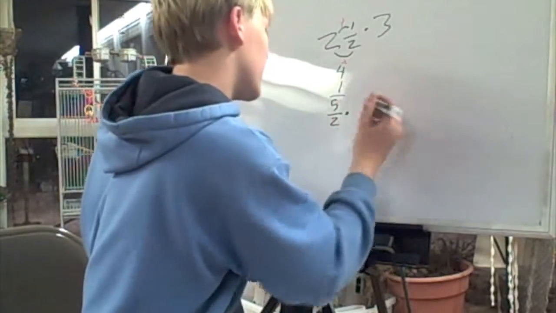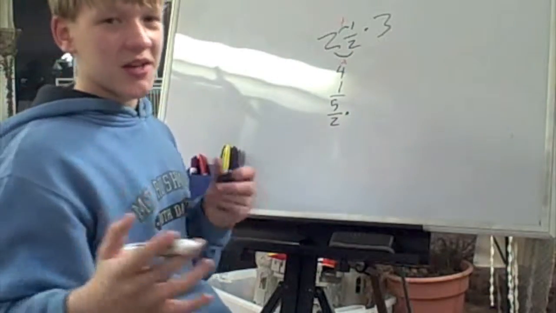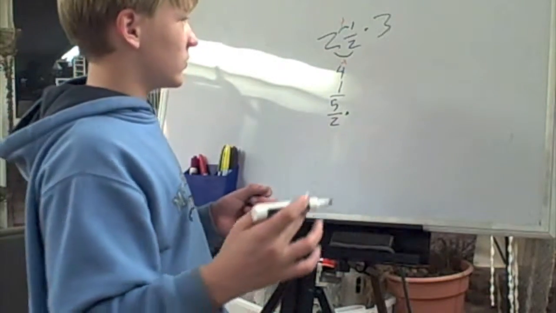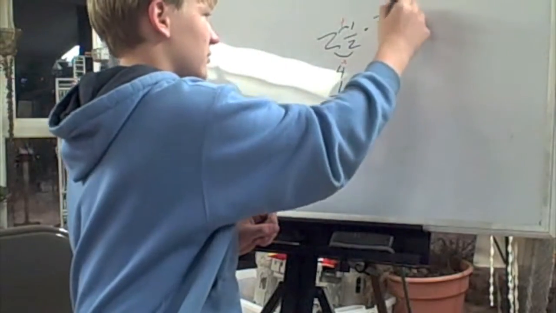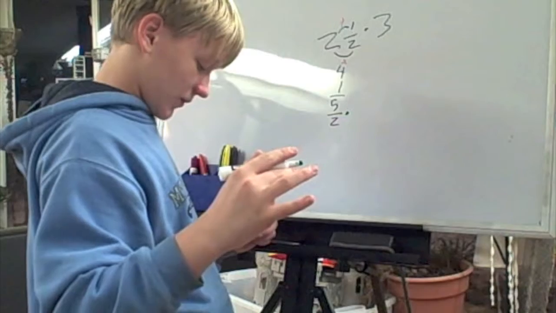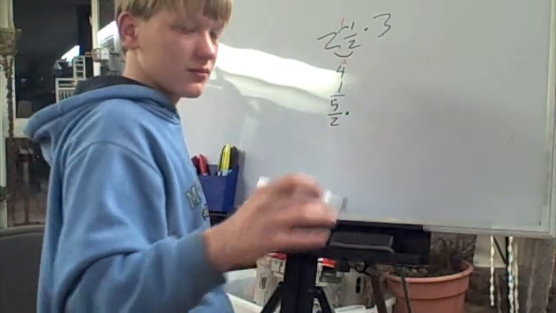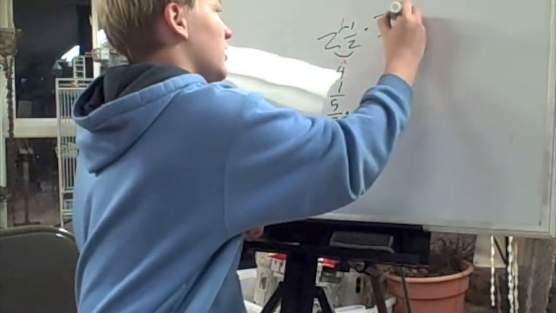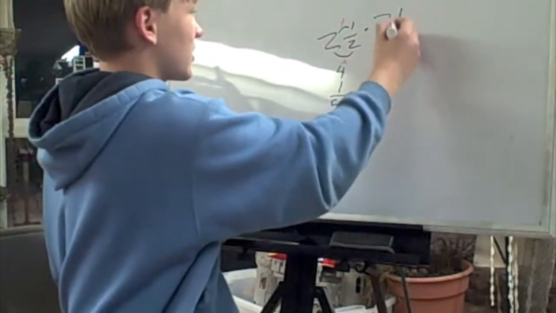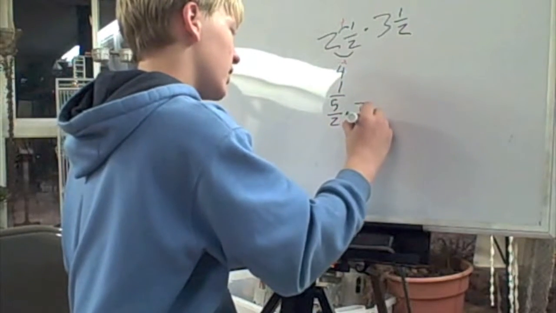Okay, so then we're going to take 5 halves times 3, and just to make it simpler, we'll make 3 into halves. Okay? You know what, let's make it 3 and 1/2, so it's easier. 3 times 2 is 6, plus 1 is 7, so we have 7 halves.